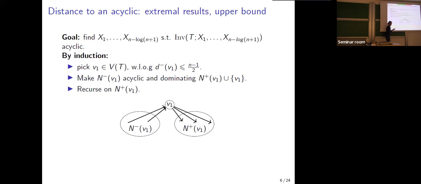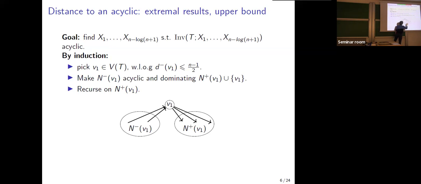At the end, when you have processed all these vertices, you will have something acyclic here, and all the arcs from this set to the other vertices are leaving. So here, all the arcs go from here to here. In the algorithm of the previous slide, at this step, we should do something for V1. But here we have nothing to do because the edges are already in the right direction.